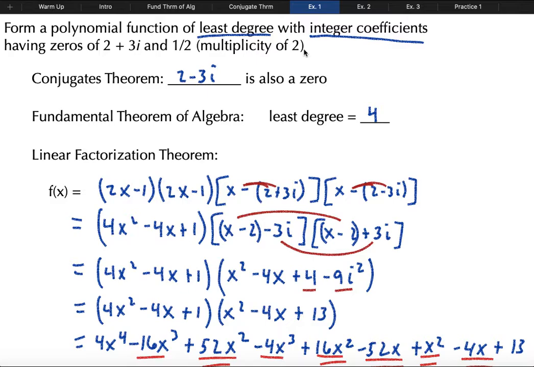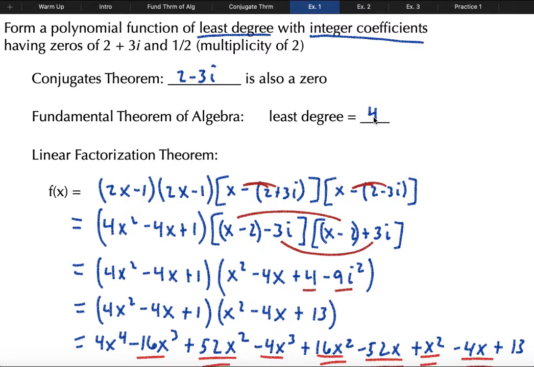Right away I can use my conjugate pairs theorem and say that if 2 plus 3i is a zero, so is 2 minus 3i. So in total, by the fundamental theorem of algebra, I'm working with 4 total zeros here. This is 1, this is a second, and then 1/2 can be considered twice with its multiplicity of 2. So I have a total of 4 zeros, making the least degree 4.